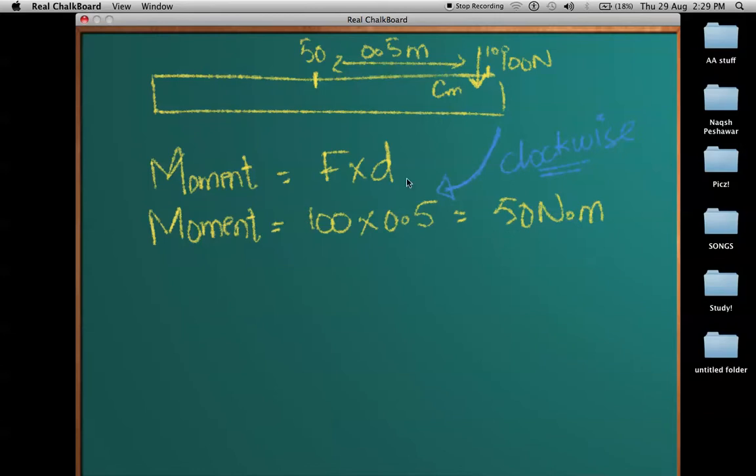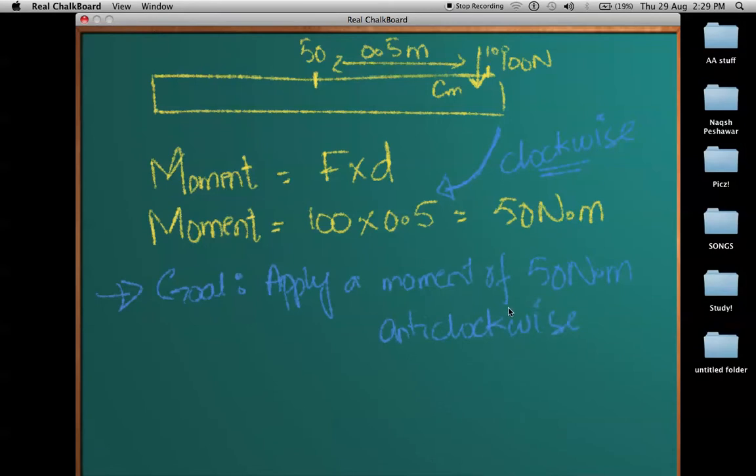However, to stop it from moving, my goal is to apply a moment of 50 newton meters anti-clockwise. So what I can do is simply apply a 100 newton force here at the 0 mark.